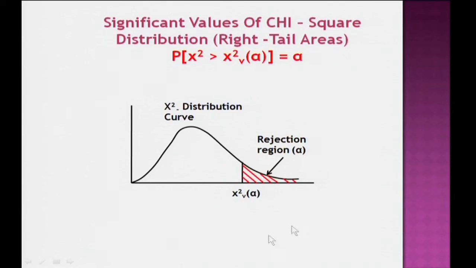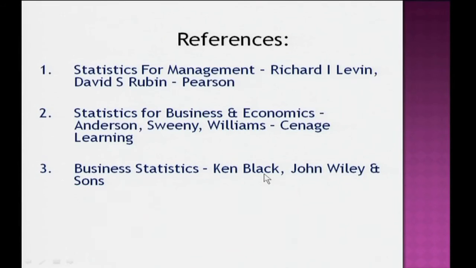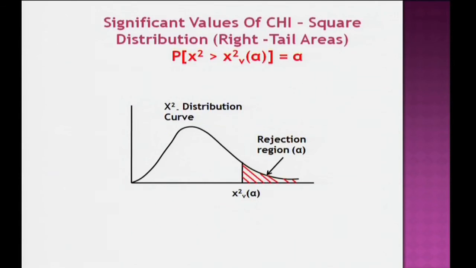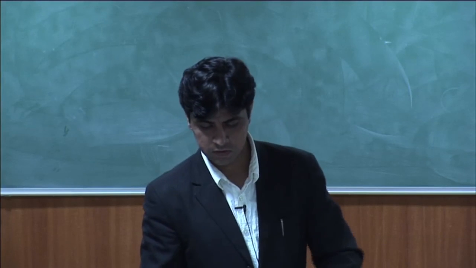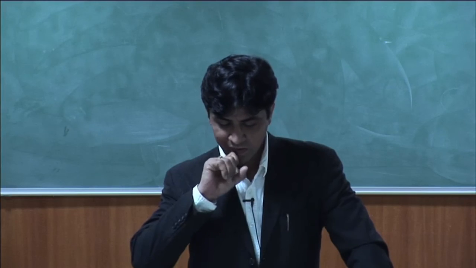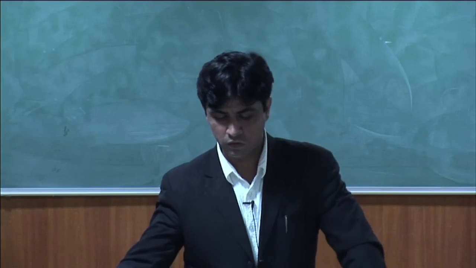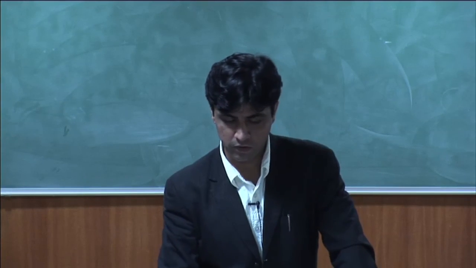You will notice the rejection region is only on one side because of the square. All the deviations that were possible on the negative side, O_i minus E_i or E_i minus O_i, all those negative deviations are also squared and now are on the right side. So, you can keep in mind, chi-square is a skewed distribution and rejection will come only on one side, just for your understanding.